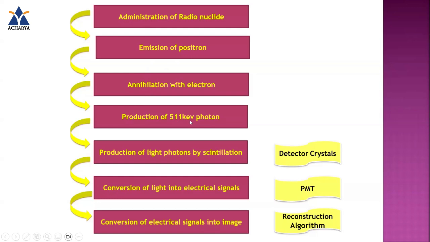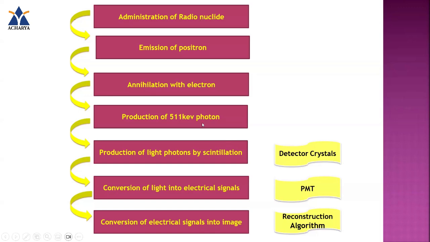These are gamma photons. The pair of gamma photons produced by the annihilation process is absorbed by the detector crystal. What detector crystal are we using? We are using a scintillation crystal. Scintillation crystal means the gamma energy is converted into light energy. So the detector crystals are capable of converting gamma photons into light photons.